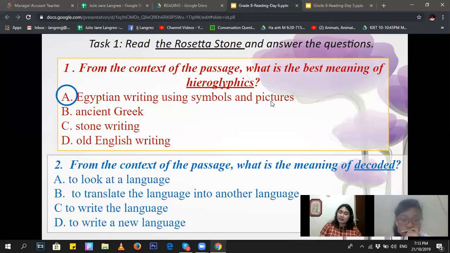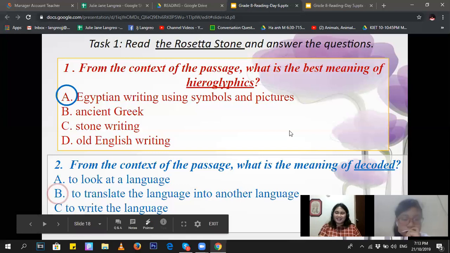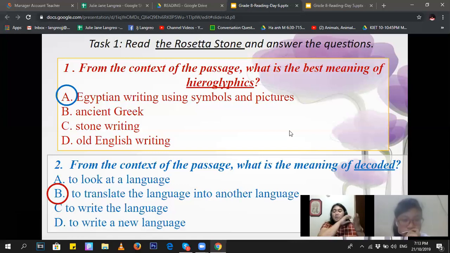Is it B, to translate the language into another language? So your answer is letter B. Yes, very good. Decoded means, from the word, when we code and when we decode, that means we change it.